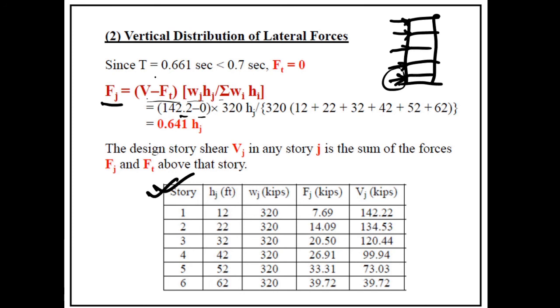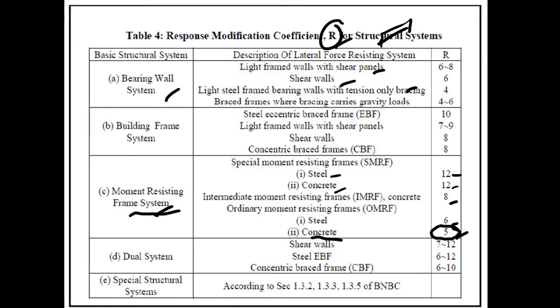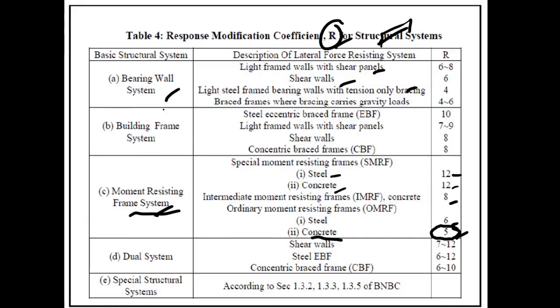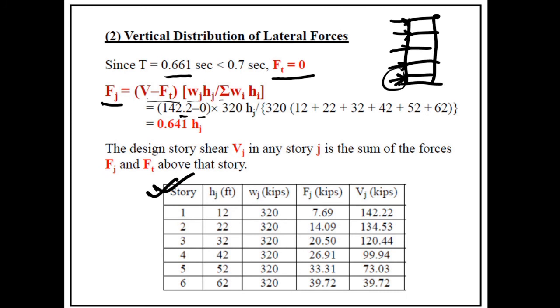So as the value of T is 0.661, which is less than 0.7, so according to our condition given, Ft will be 0. We had already seen this earlier, that if the value of T is less than 0.7, the value of Ft will be 0. So plugging the value of Ft here, and Wz. Wz is actually the load from each of the story levels.